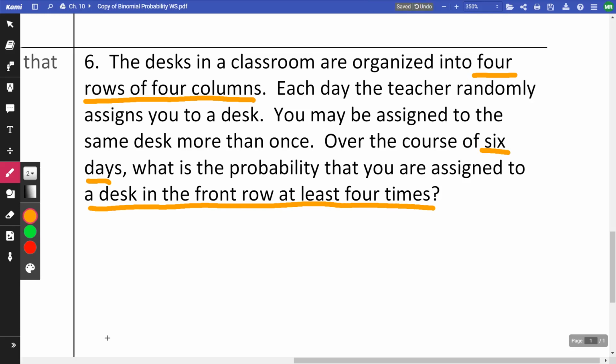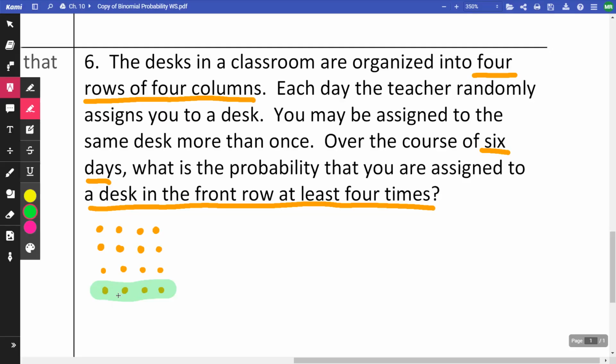Okay, so for this one, I kind of just sketched out here. We have 4 rows of 4 columns. Here's the 4 rows, 1, 2, 3, 4, with 4 columns here. And so there's 16 seats total. And we want to be looking at the probability of getting in the front.